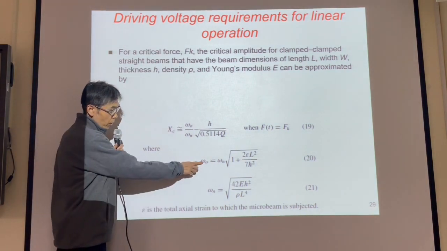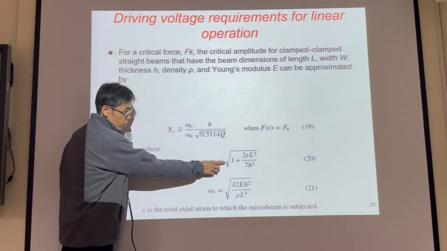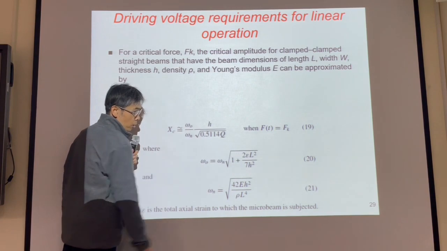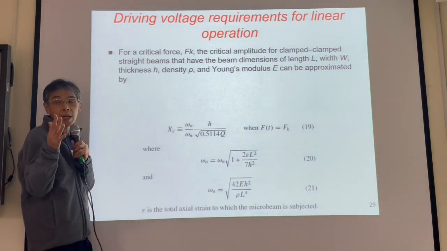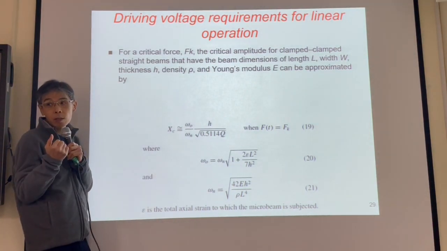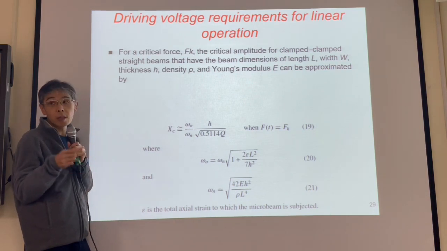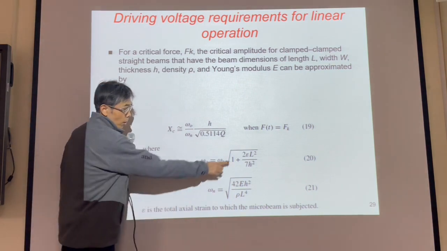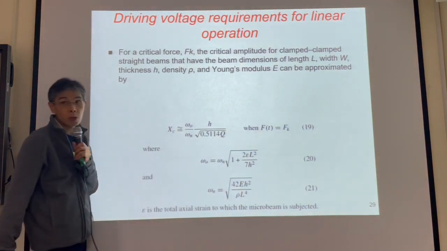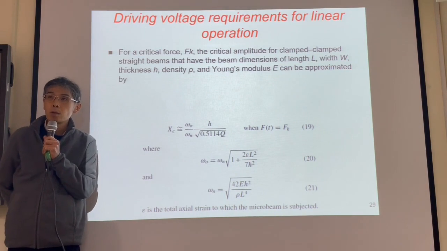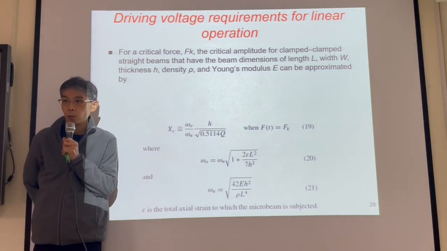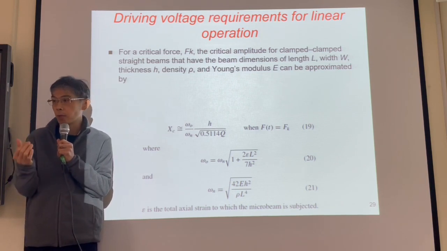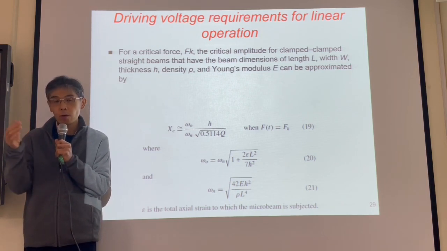And we have another omega 0. Omega 0 equals omega n times the square root of 1 plus 2 epsilon L squared divided by 7h squared. Omega n is the natural frequency, but omega 0 is the resonance frequency. Epsilon is the strain. When we use, say, the finite element method to get the natural frequency, it means there's no force applied.